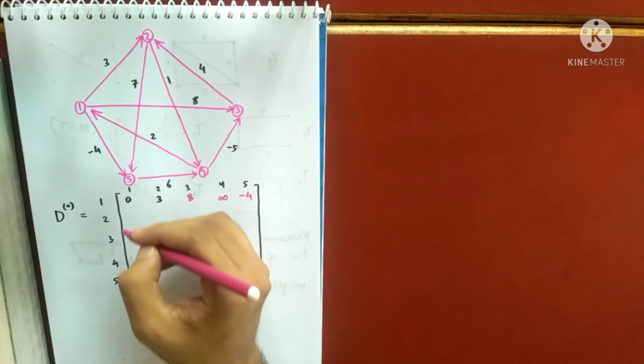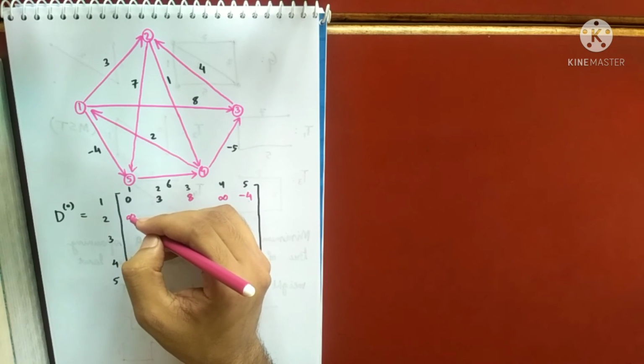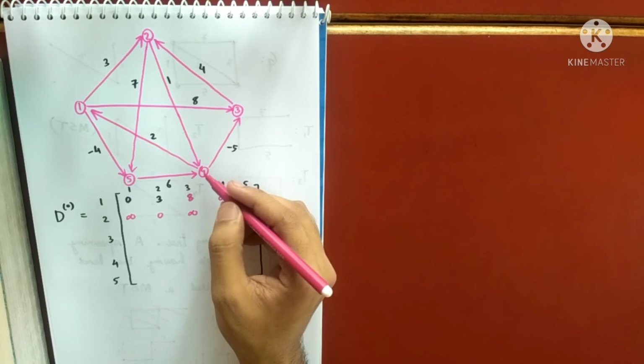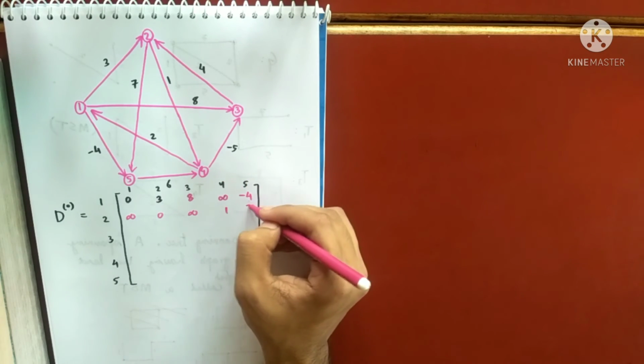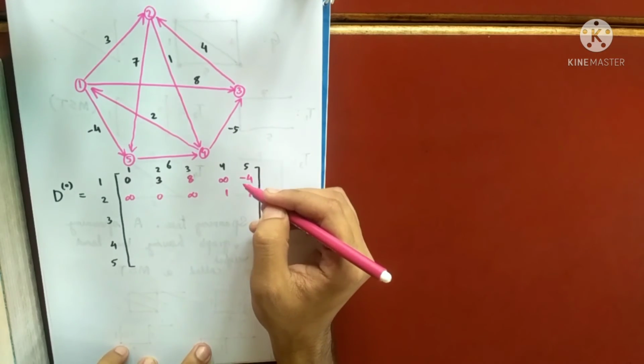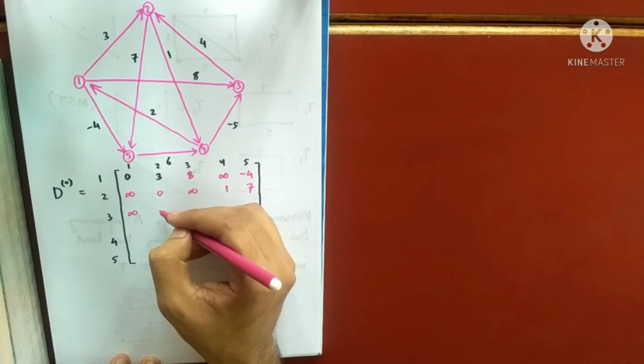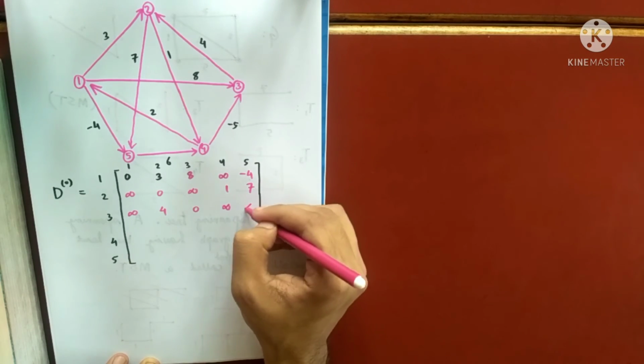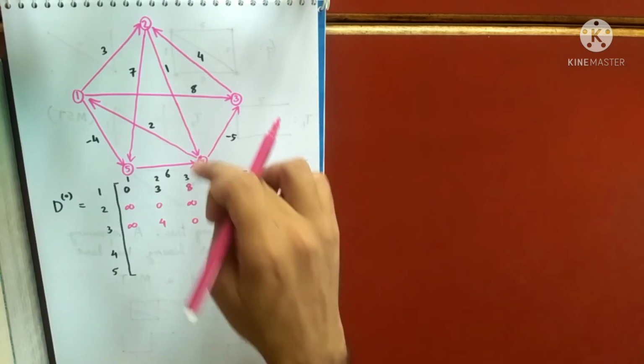Okay? Then 2 to 1 is infinity. So you can fill this up. This is 0. This is again infinity. And 2 to 4 and 5 is there. It is 1 and 7. So you can fill up the matrix this way very quickly. So 3 to 2 is 4. Then 0. Infinity. Infinity. Let's go to 4.